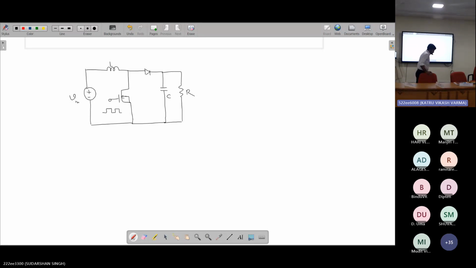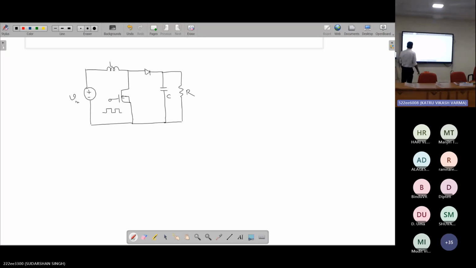Anyone who has MATLAB can open their MATLAB Simulink toolbox and start designing with us. At the end of the day, I hope you will be able to learn how to design a closed loop converter.